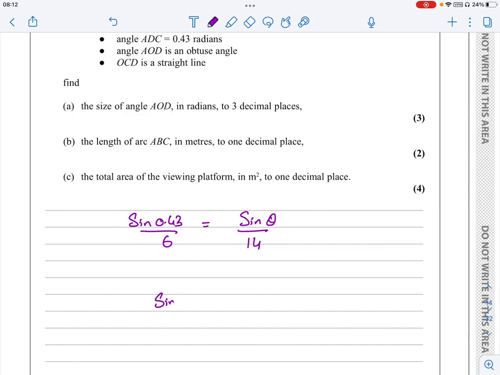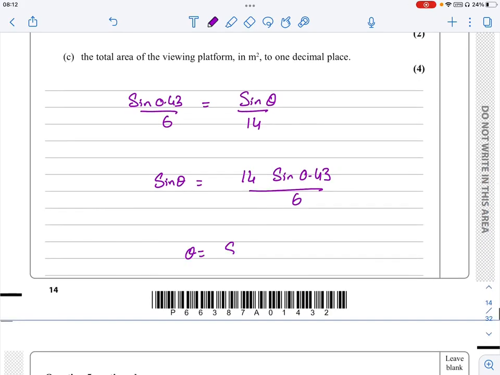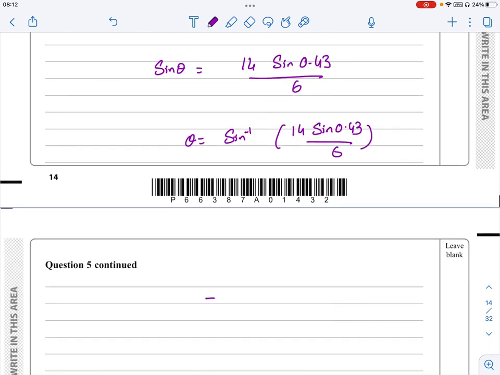So sine theta equals 14 times sine 0.43 divided by 6. So theta equals sine inverse of 14 sine 0.43 divided by 6. Simplify that, you should be getting 1.337.